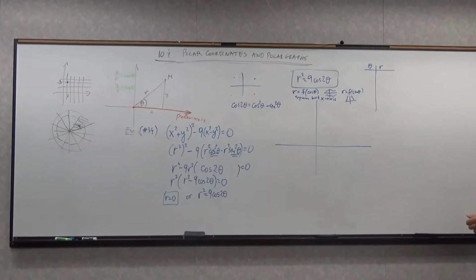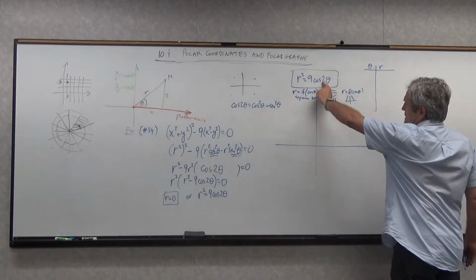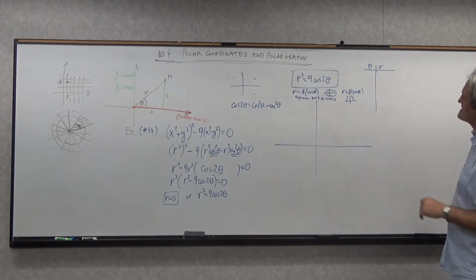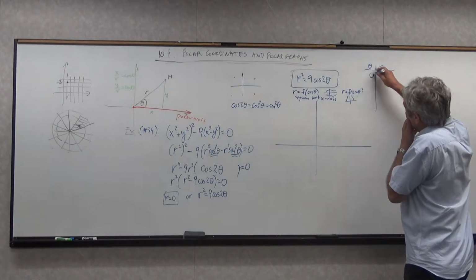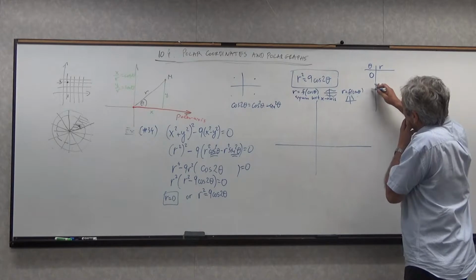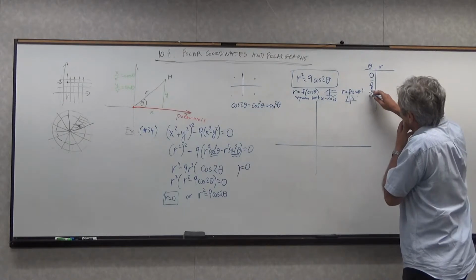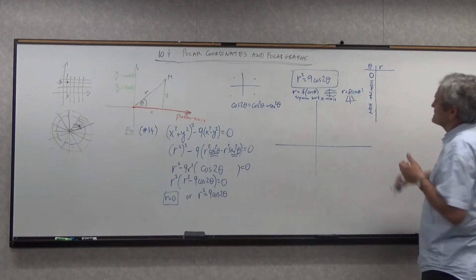So what do we do? I will go from 0 to pi, maybe not even to pi. Let's see what happens. I'll go here and plug in 0. And then I'll plug in pi over 8, and then pi over 4. Then I'll plug in pi over 2. This is not trivial.